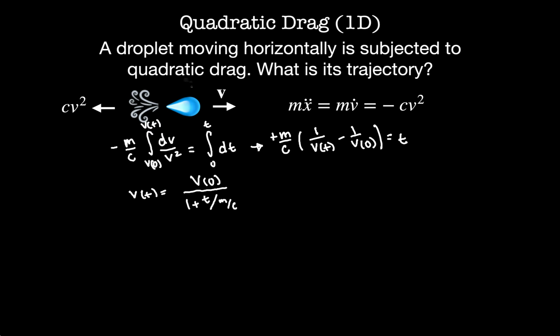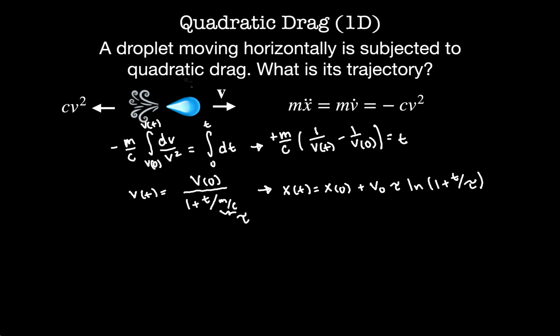And again, we can integrate this once more if we'd like to find the x trajectory. So our x trajectory is going to be x of t is equal to x naught plus v naught. I'm going to call this time scale here tau. So v naught times tau times the log of 1 plus t over tau.